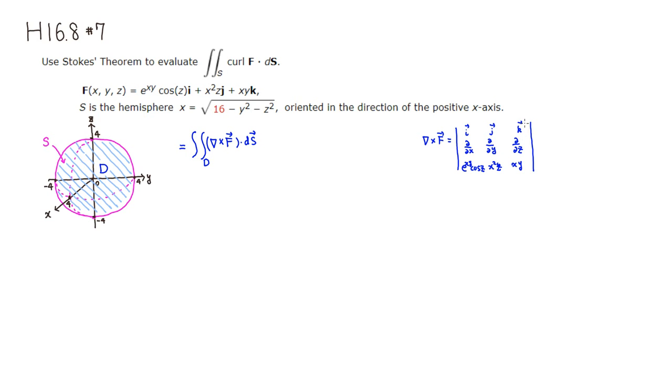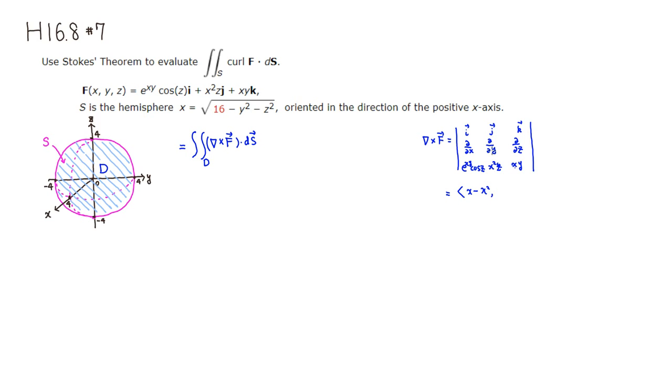So this is going to be equal to, first component, partial of xy with respect to y, so it's x, minus partial of x squared z with respect to z, which would be x squared.